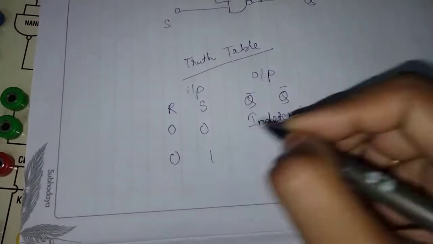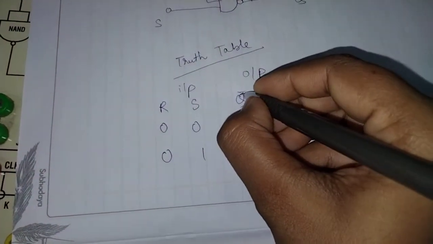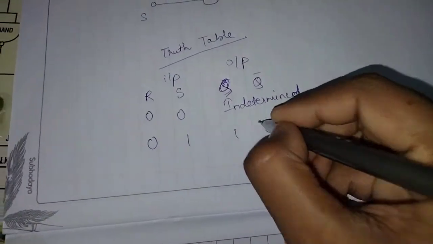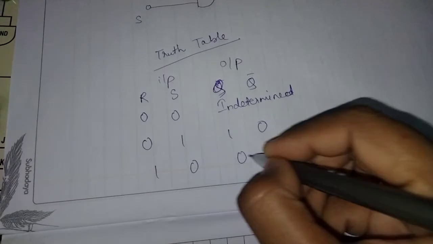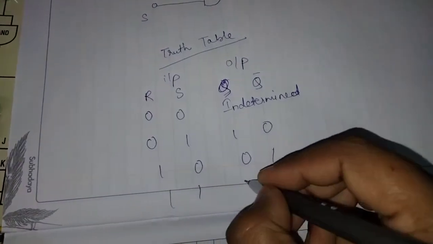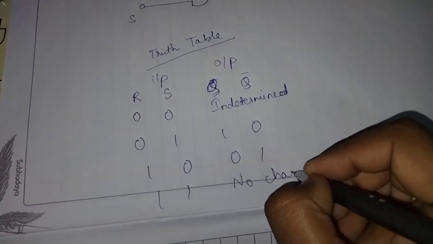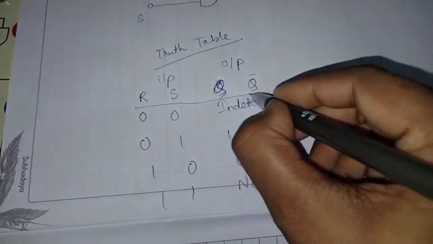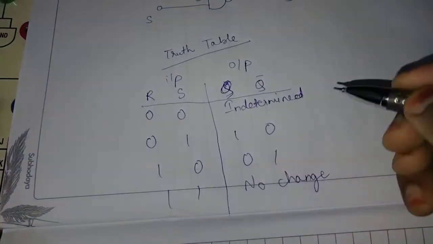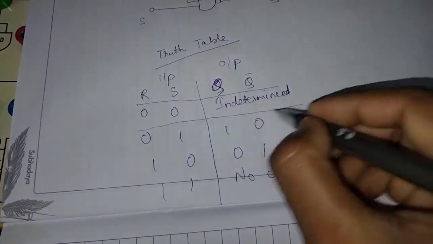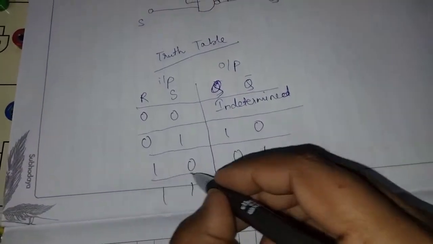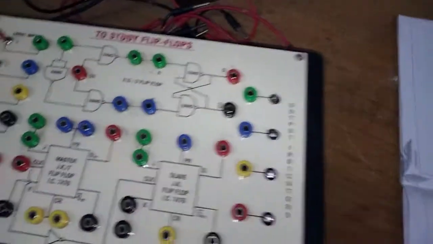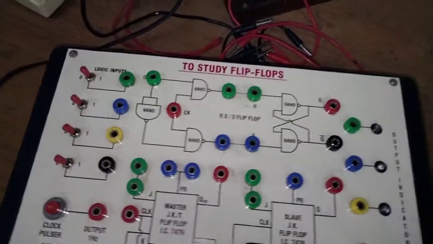For 0, 1 we are getting 1, 0. For 1, 0 we are getting 0, 1. For 1, 1 there is no change. This is for 0, 0, this is for 0, 1, this is for 1, 0, and this is for 1, 1. Okay. Now, let us see how to construct it.